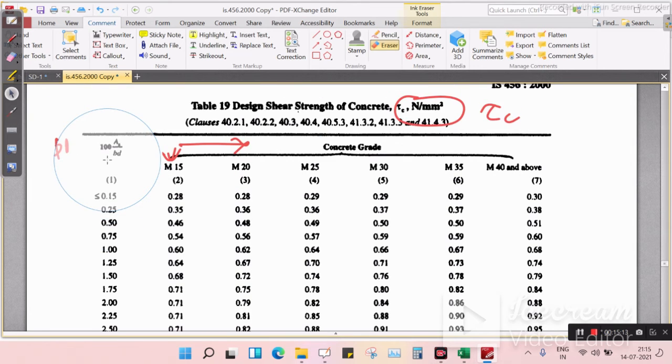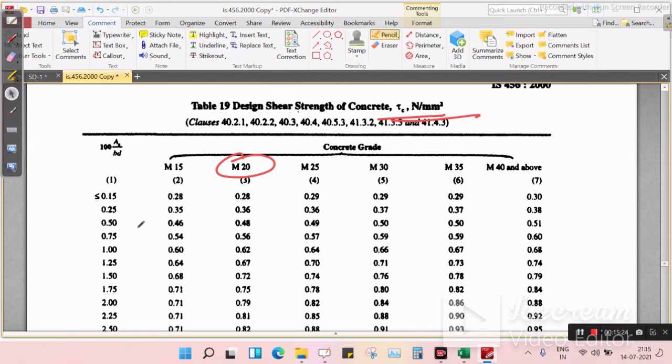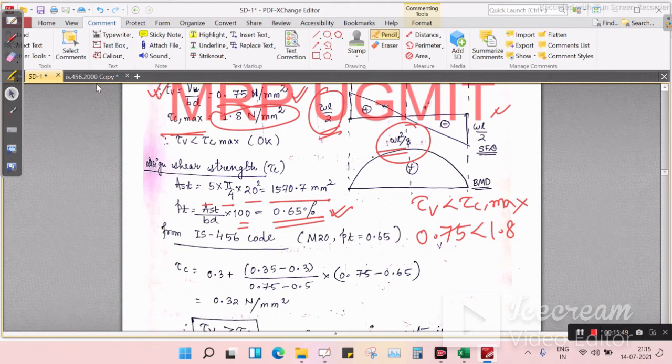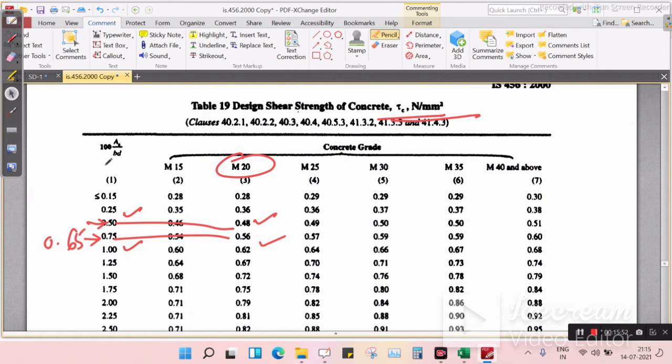This is table number 19, from where we will calculate tau C. There is no exact value for 0.65, and we have taken M20. So this is 0.5, this is 0.75, and the values are 0.48 and 0.56. So we have to interpolate between these two values, 0.5, 0.75, and 0.48, 0.56. Then we will find the value for 0.65.